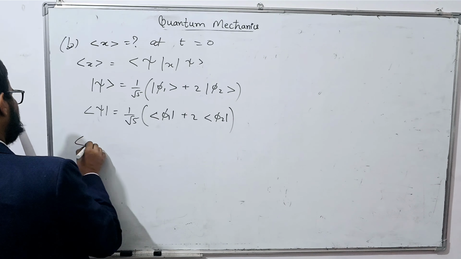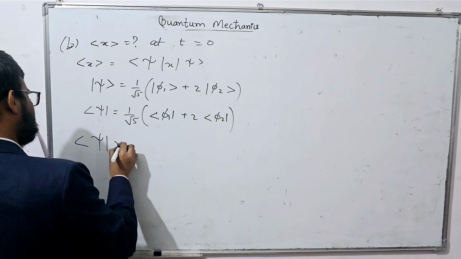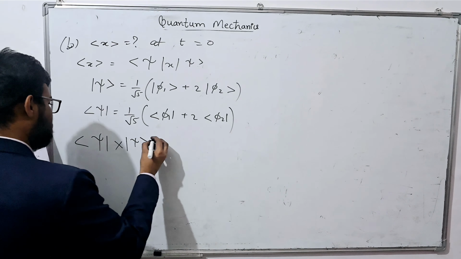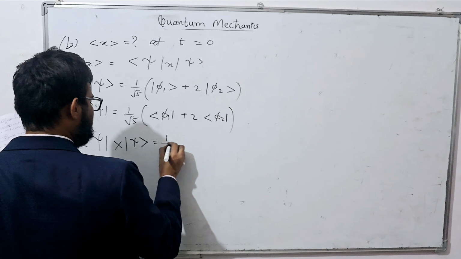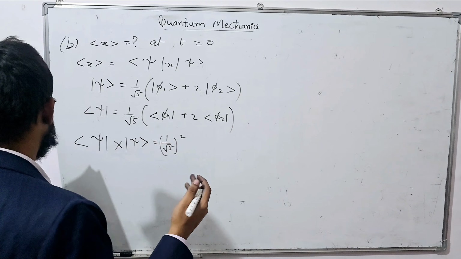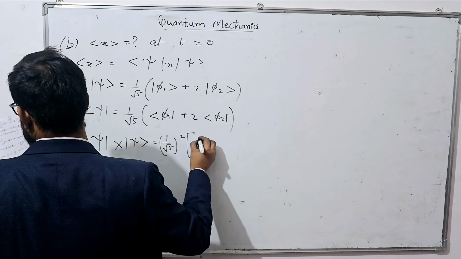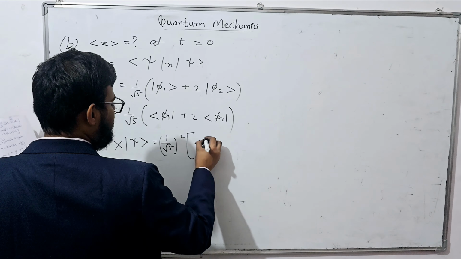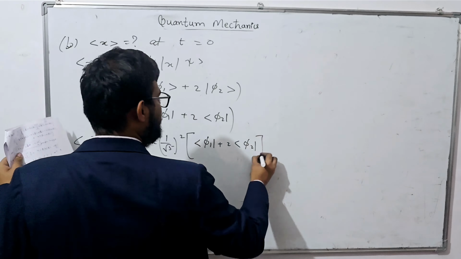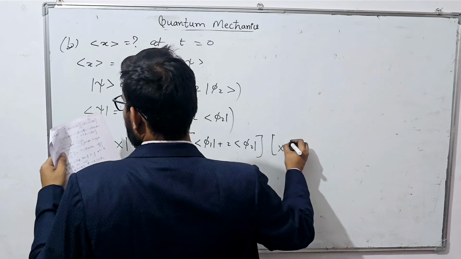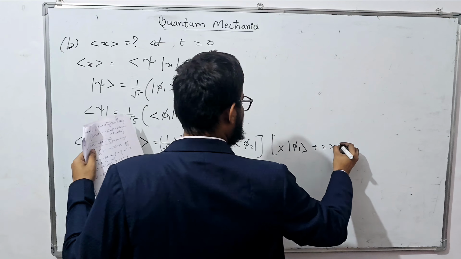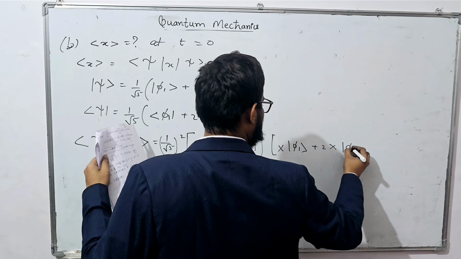So basically you get this operator over here, x. This is a position operator which you are applying. So it is 1 by root 5 whole square, of course, since you are using the properties over here, and it is equal to the bra phi 1 plus 2 bra phi 2 multiplied by x ket phi 1 plus 2x applied on phi 2, right?